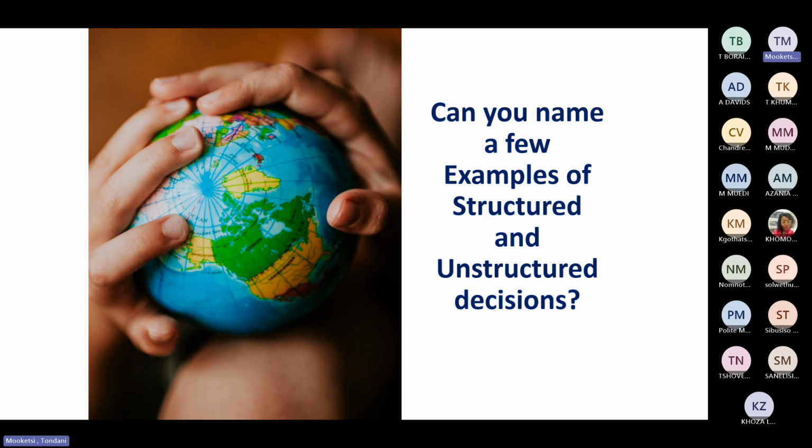Then probably a different set of rules for child support grant and the other types of grants that are available at SASSA. So those are structured decisions, and then they are automated by a system. Then it makes it easier.